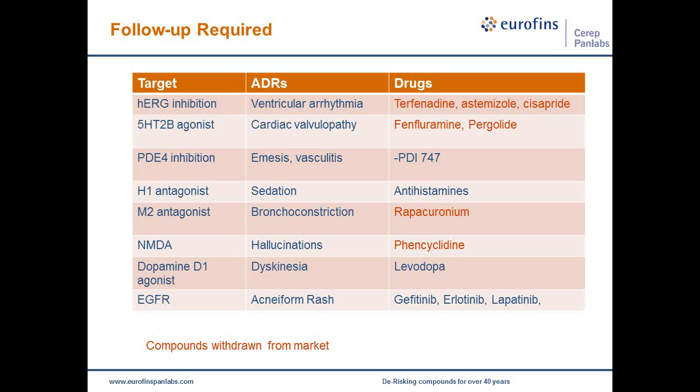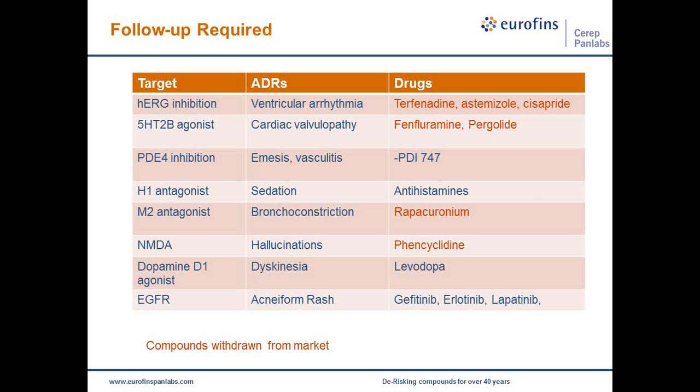In this table I've constructed, I've listed several targets, the ADRs they're associated with, and some drugs that, at least those in red, have had to be withdrawn from the market due to those ADRs. So for instance, hERG inhibition, causing those ventricular arrhythmias we spoke about: terfenadine, astemizole, and cisapride have had to be removed from the market.